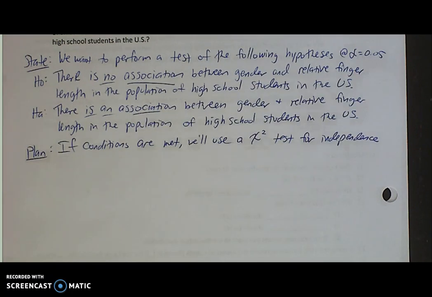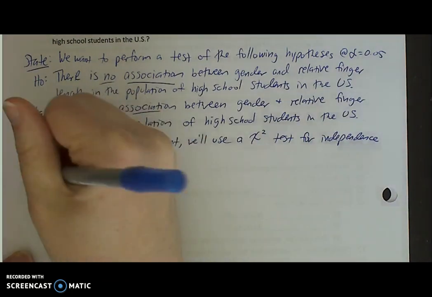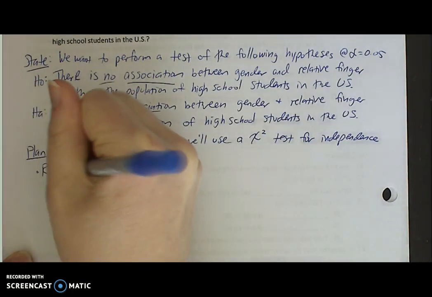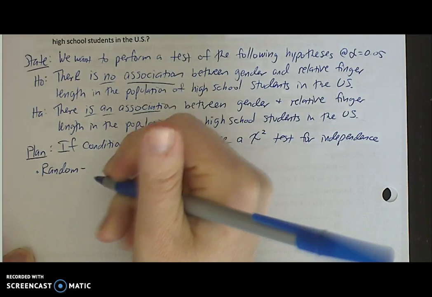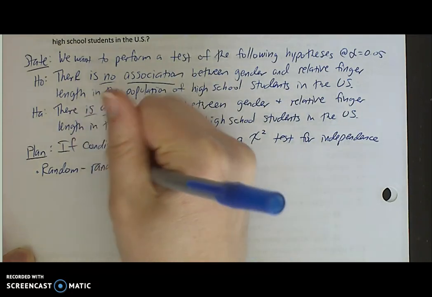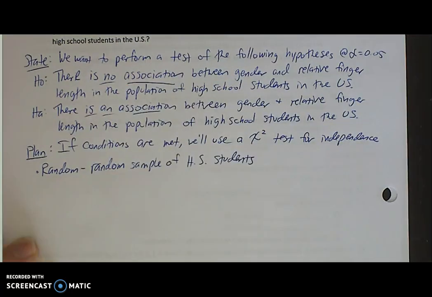First condition we always check is that it was a random sample, and it did say in the problem that it was a random sample of 460 high school students. So we have our random sample.